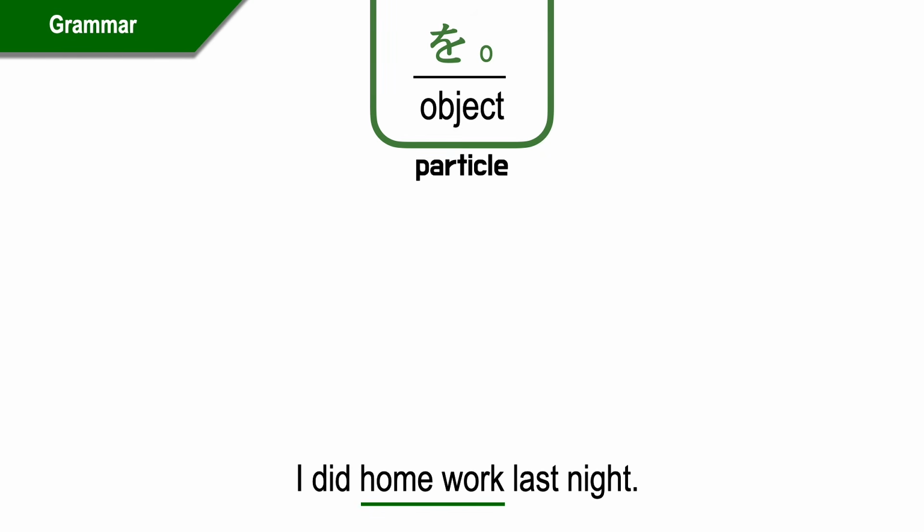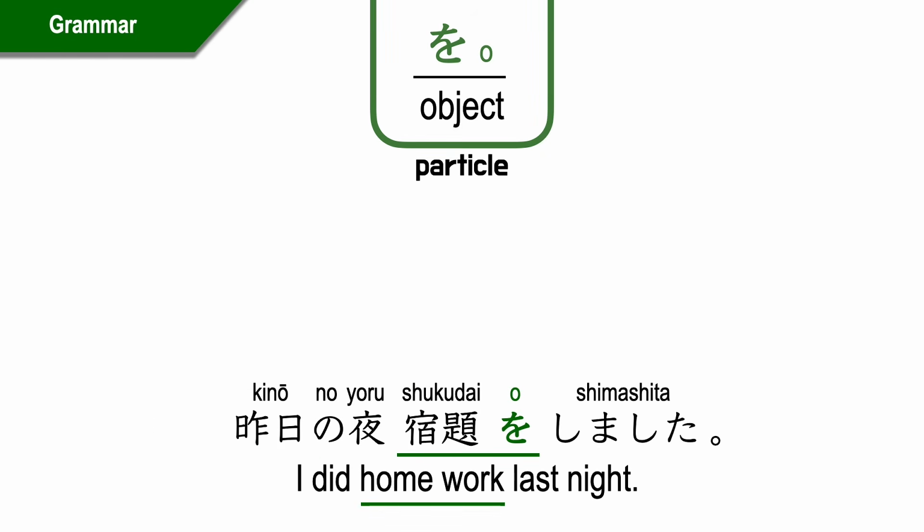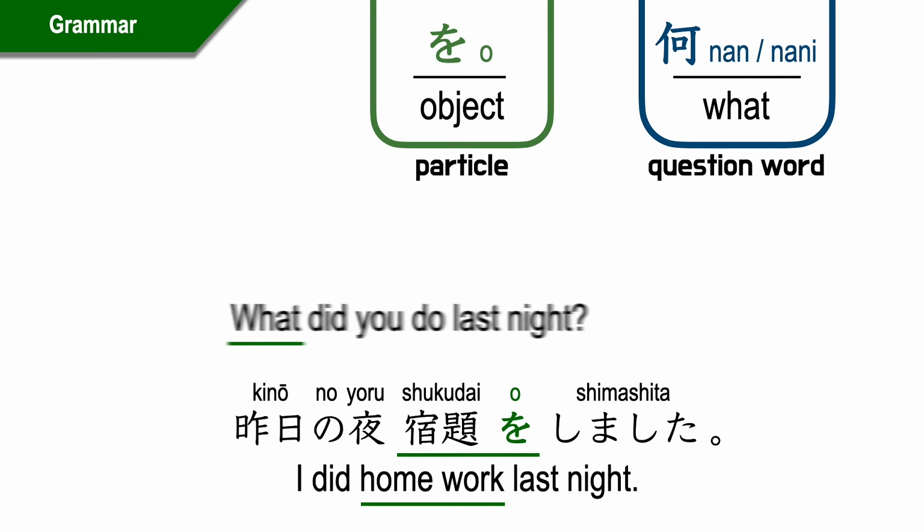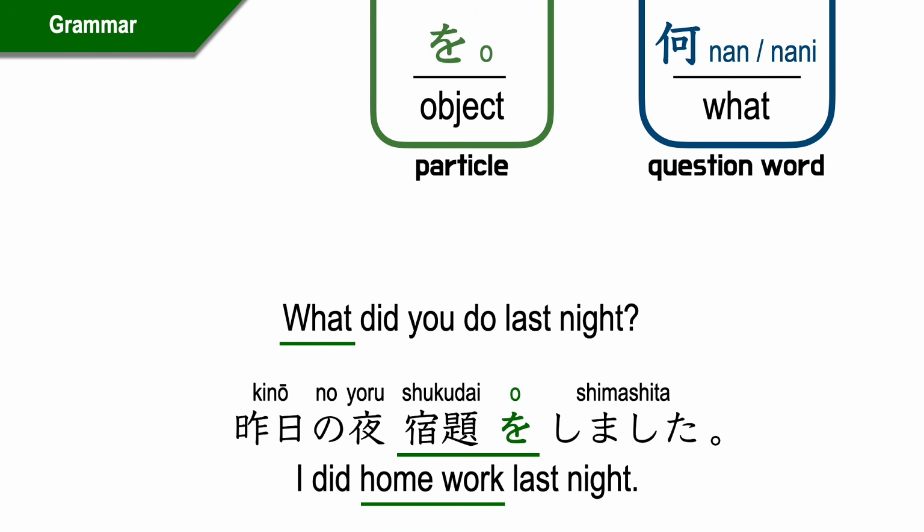I did homework last night is 昨日の夜宿題をしました。Using the question word 何, how would you ask what did you do last night?